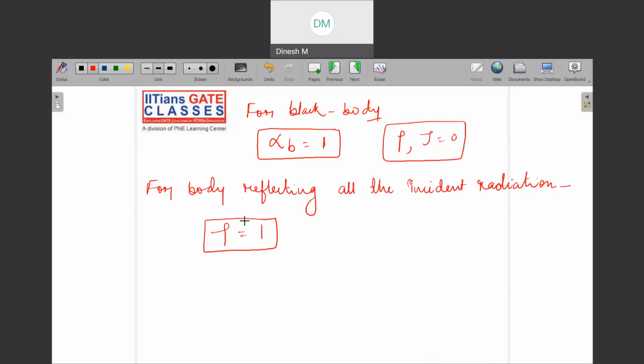So these properties are defined for a surface, but these properties may again change with the wavelength.